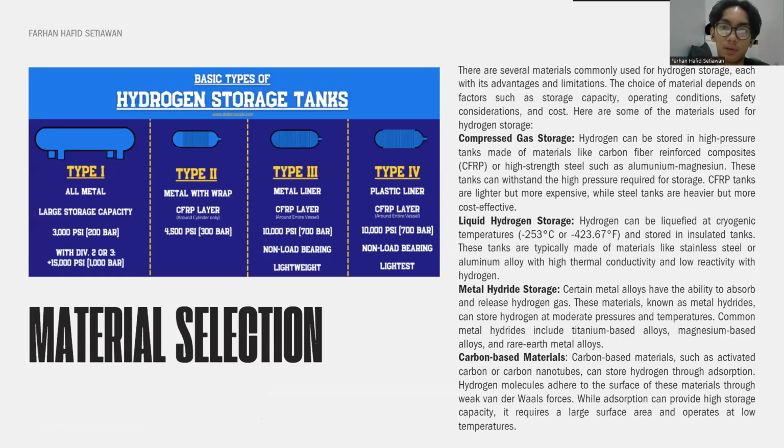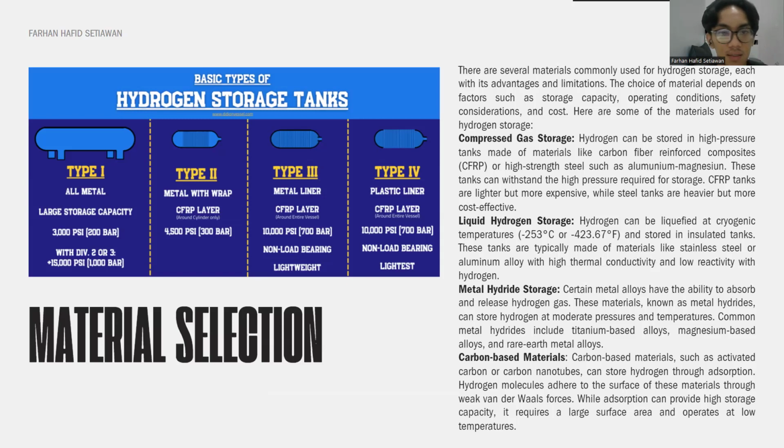There are four basic types of hydrogen storage tanks. Type 1 is all metal, with 3000 psi or 200 bar, and a safety factor of 2 or 3 at 100 bar.